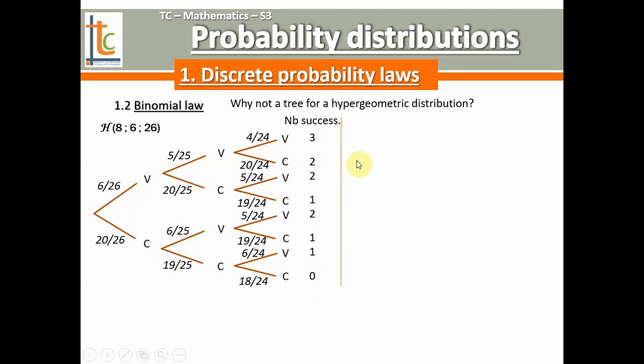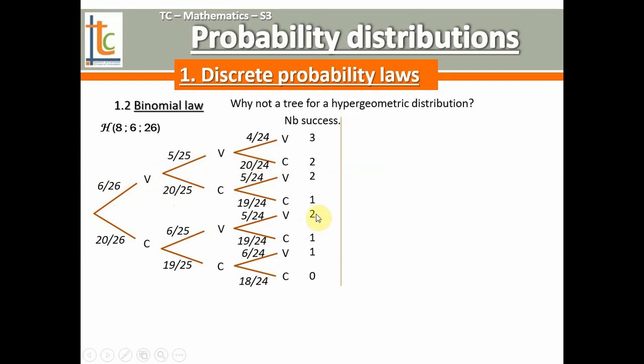And the probabilities that can be calculated are not very simple. But if you are targeting 2 successes, for example, you can see that you will have to multiply for this path 6, 5, 20 with below 26, 25, 24. For the second path, you have 6, 25... so you will still have to multiply the same numbers instead of 6, 5, 20.